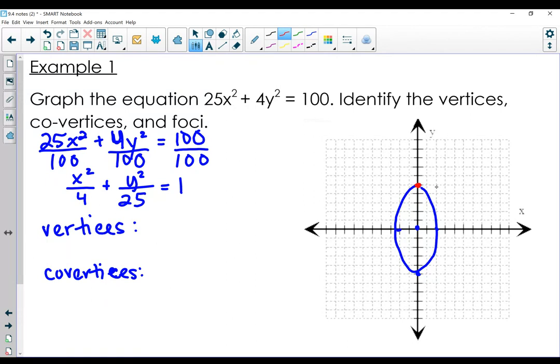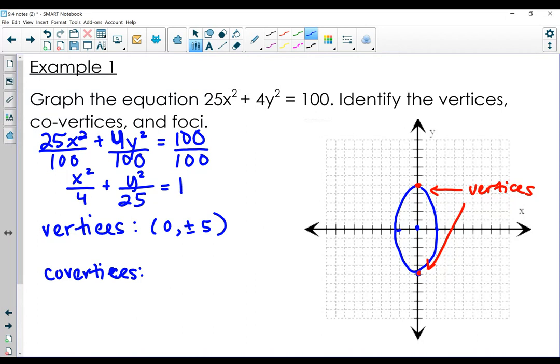So I'll have a vertice here and a vertice here. Those are going to be my vertices. So because I haven't graphed, all I have to do is find their coordinates. So I have one at 0, 5, and then at 0, negative 5. So 0, comma, plus or minus 5.